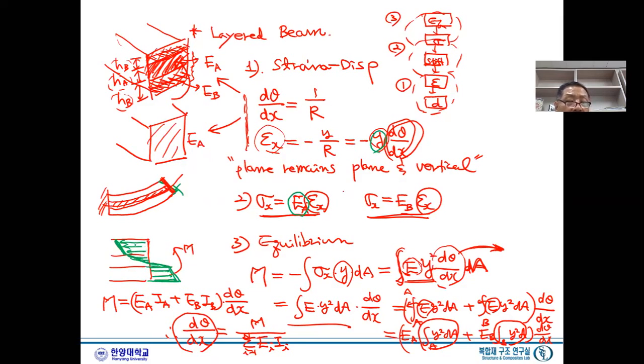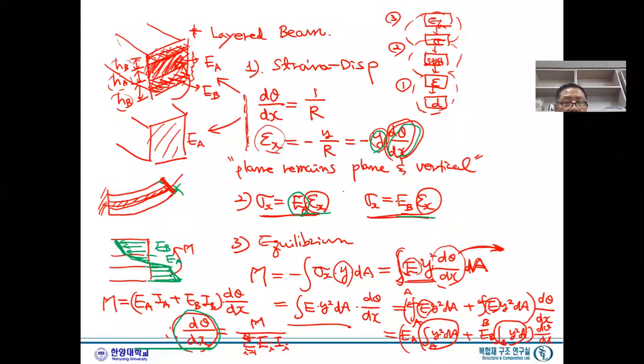So again, inside is EA and outside is EB, and top and bottom are symmetric, and this is the one we can obtain. So this is the stress distribution, and again the point is that we get this d theta dx and put it here, and then we can get the stress distribution.